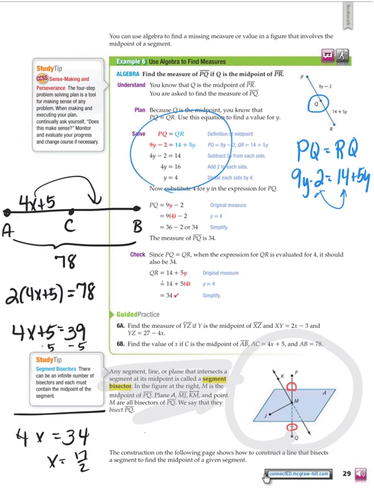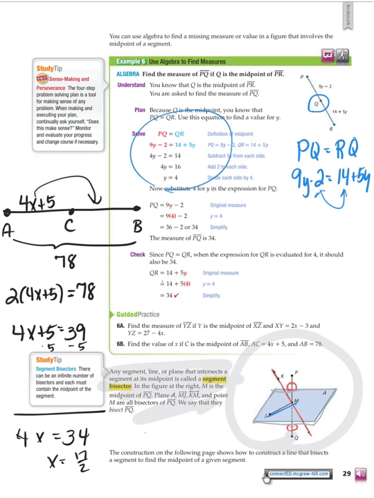So point M is a bisector of the segment. But also line KM is a bisector of the segment because it's going through the segment at its midpoint. Segment JM is a bisector because it's going through at the midpoint. And then plane A is also going through segment PQ at its midpoint.